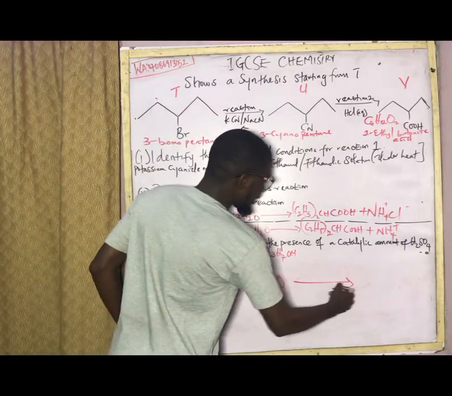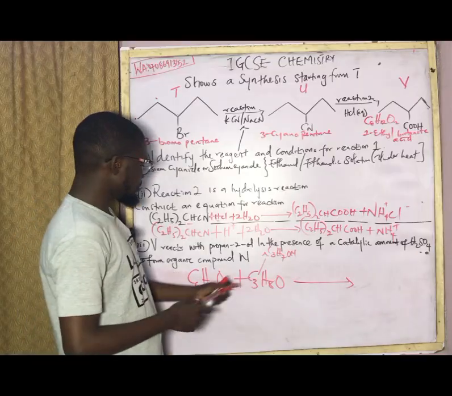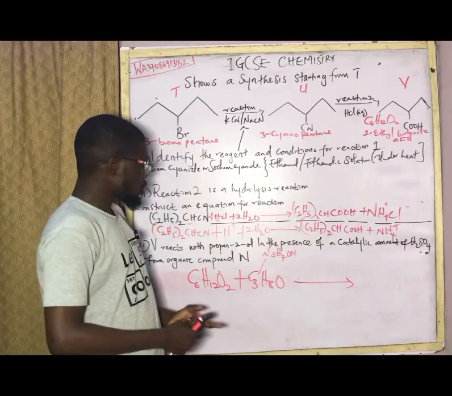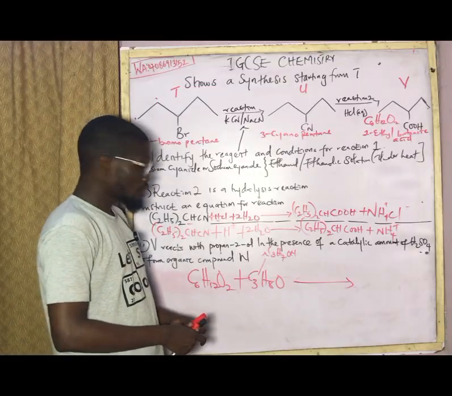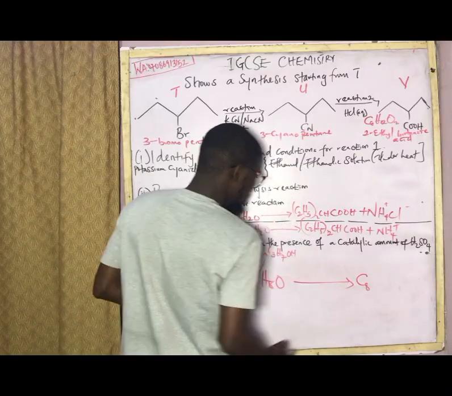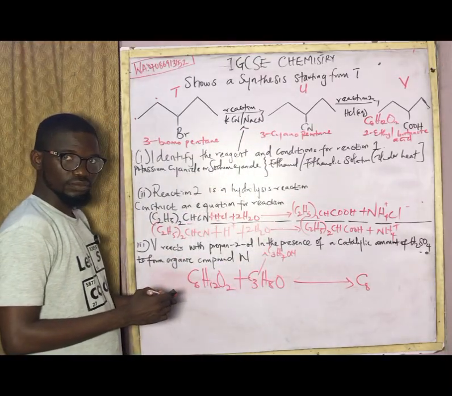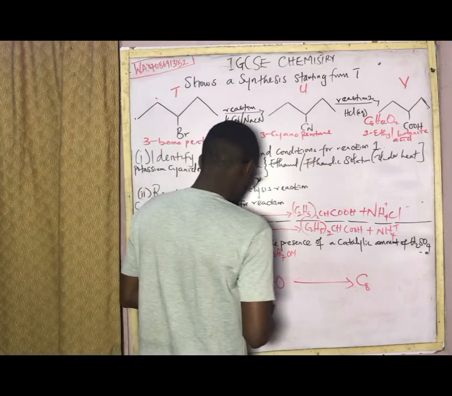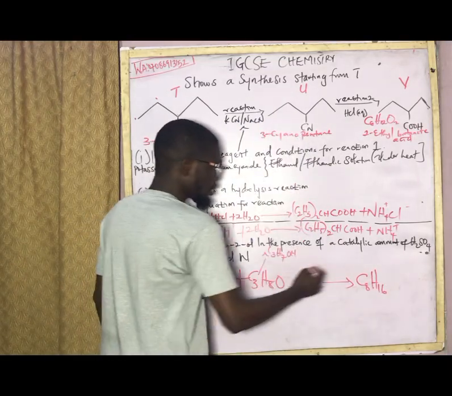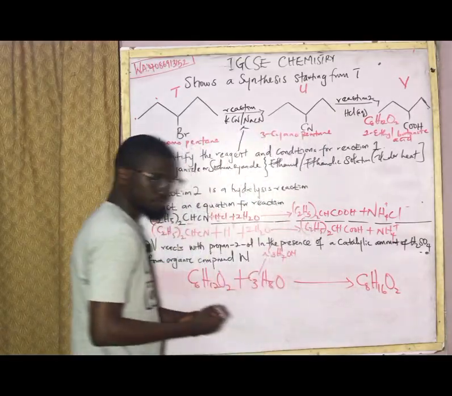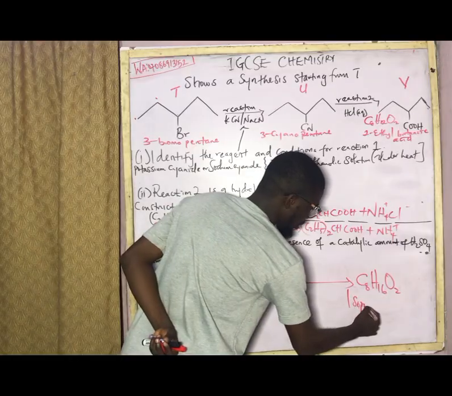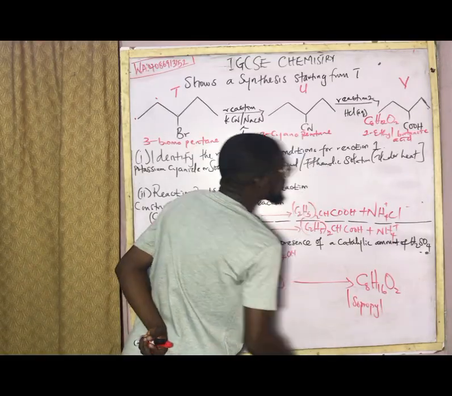So when the carboxylic acid and the alcohol combine together, mind you, there's what we call an esterification reaction here. Are you with me now? When they combine together, you remove water. So we are left with C8H16O2. If I want to name it, I say isopropyl. What do you have here initially?